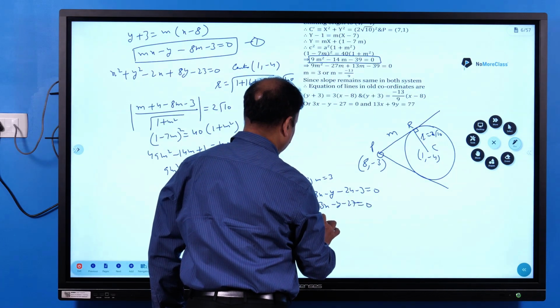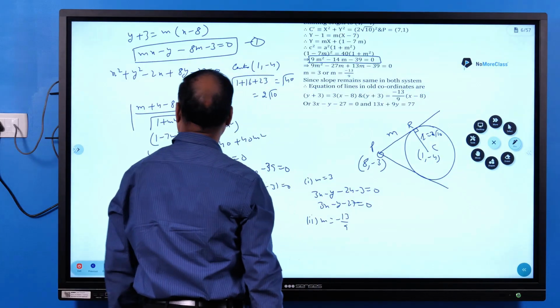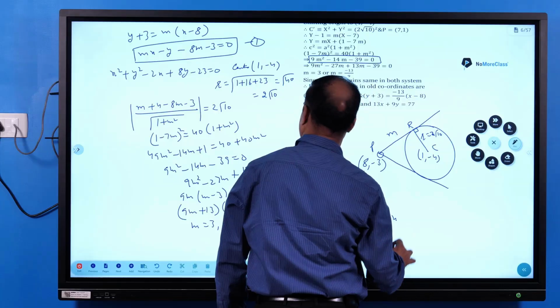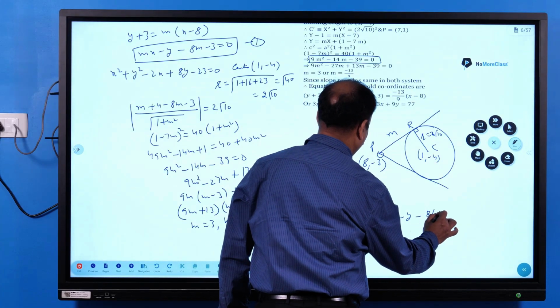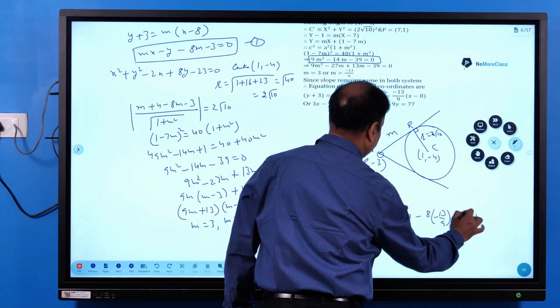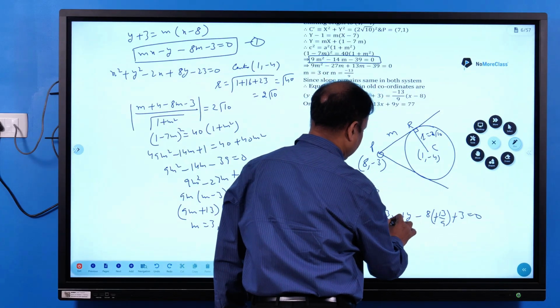Next you put m = -13/9. So (-13/9)x - y - 8(-13/9) - 3 = 0. The minus cancels.